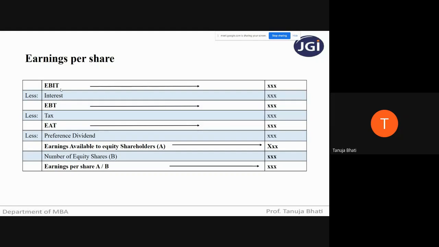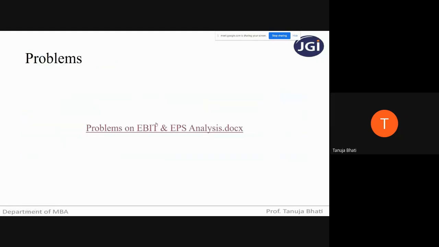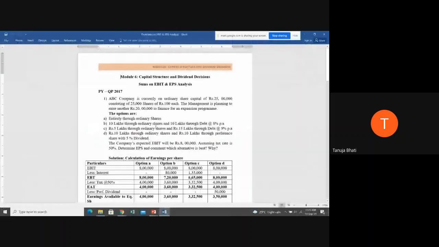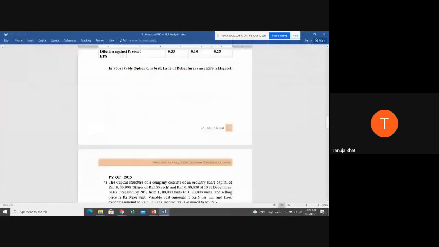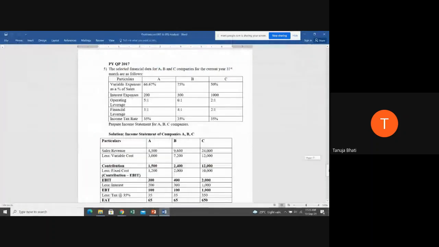Now let us solve a single problem which we had left in a previous session because of shortage of time. This is a problem from the previous year question paper 2017. Selected financial data for ABC companies for the current year, 31st March, are as follows.